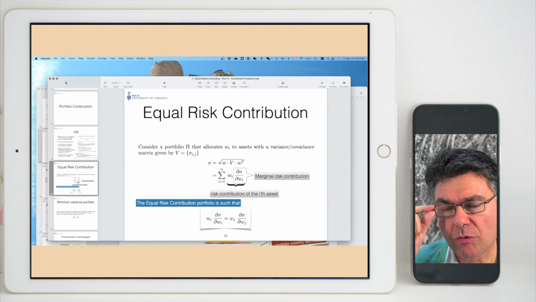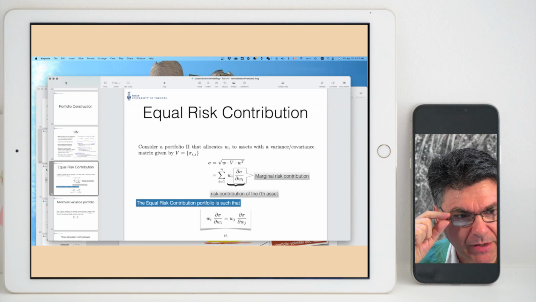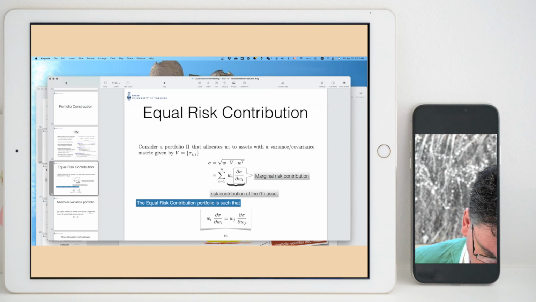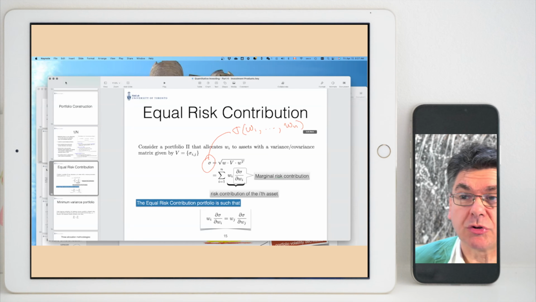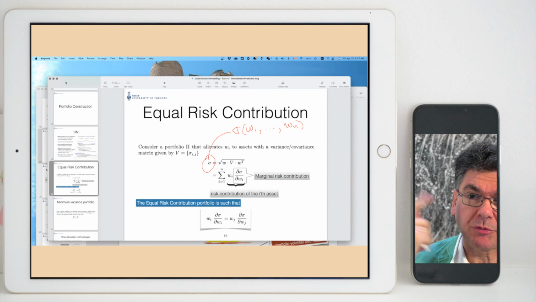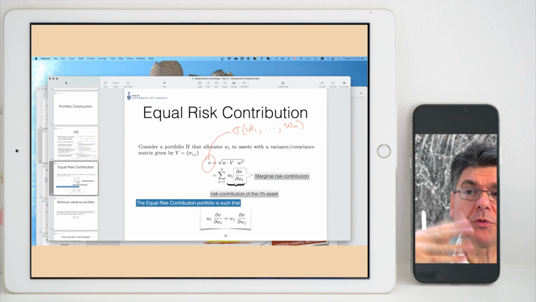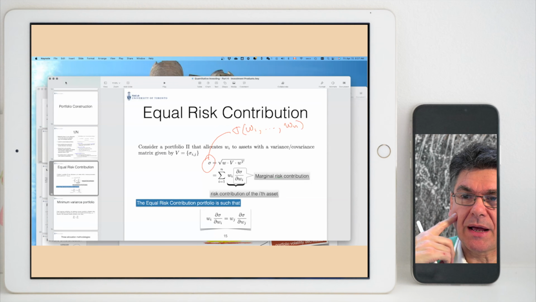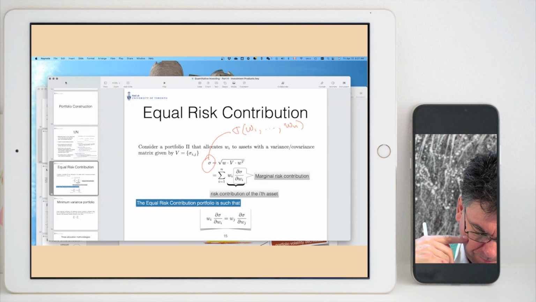I assume you know what a partial derivative is. My portfolio volatility is a function of the weights. Remember, the weights are my unknowns. I don't know how much money I'm going to put into each of my investments. That's what I'm trying to solve. So I look at the portfolio volatility as a function of my weights.